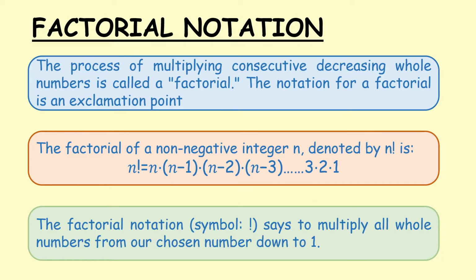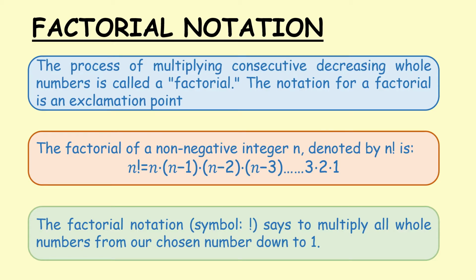The factorial notation, with the symbol exclamation point, says that you have to multiply all whole numbers from your chosen number down to 1. It's a short way of writing the multiplication of consecutive decreasing whole numbers up to 1.